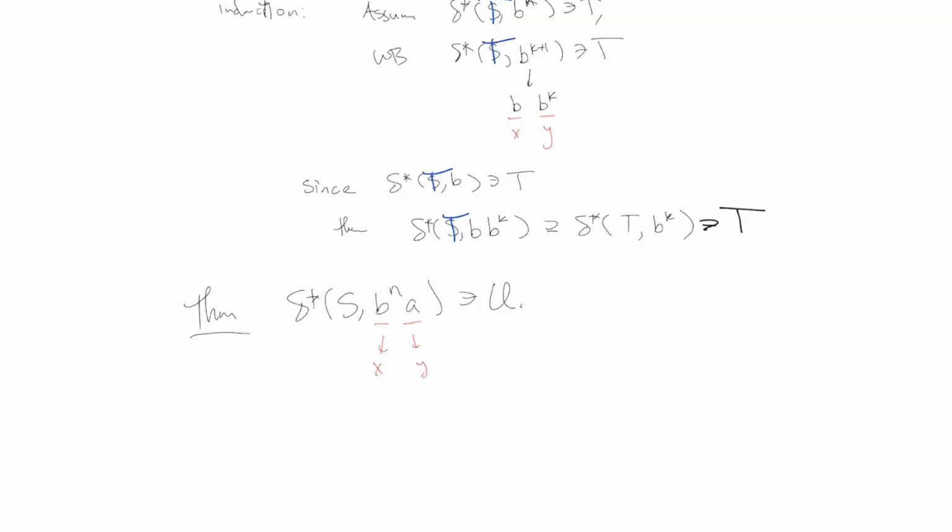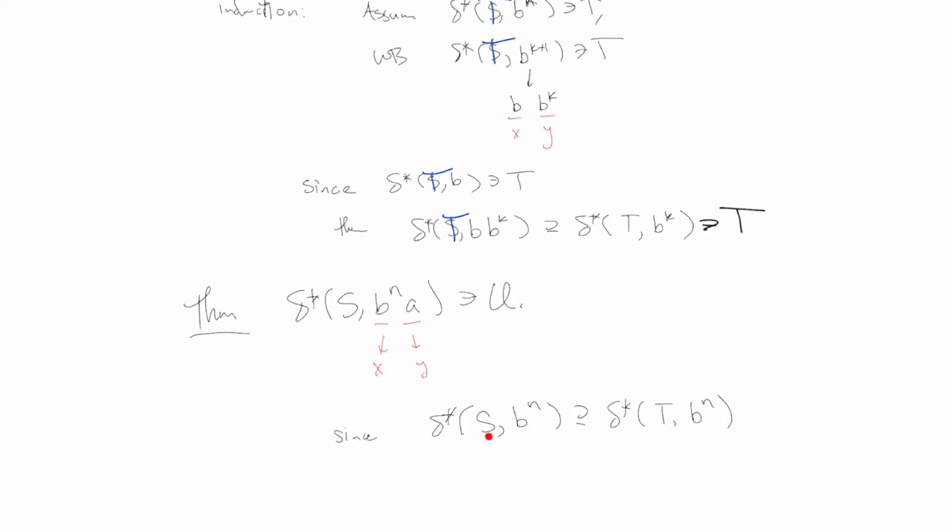And we know that delta star of S and b to the n, okay, starting in S, we can do epsilon followed by b to the n. So this actually contains, this is another slightly weird step, which I would not necessarily expect you to go through on the test.